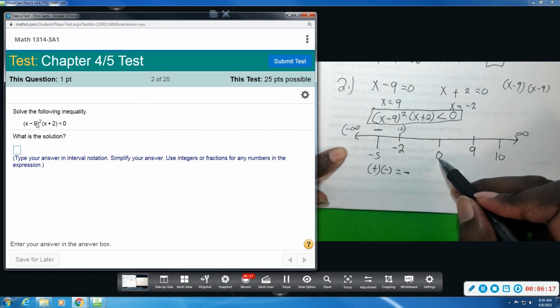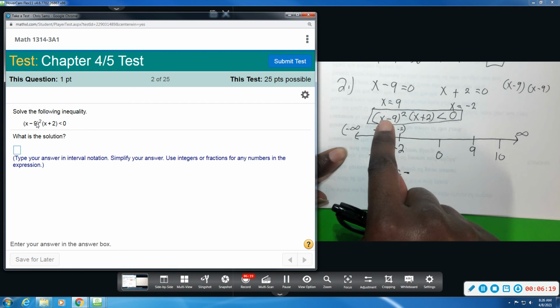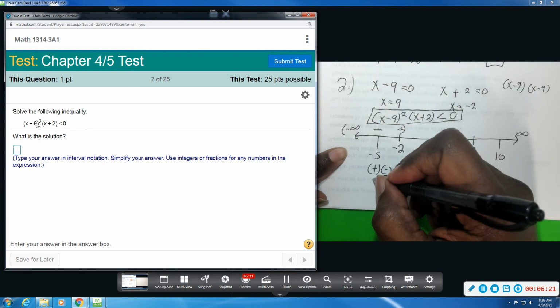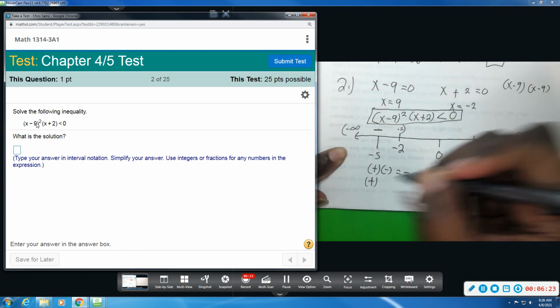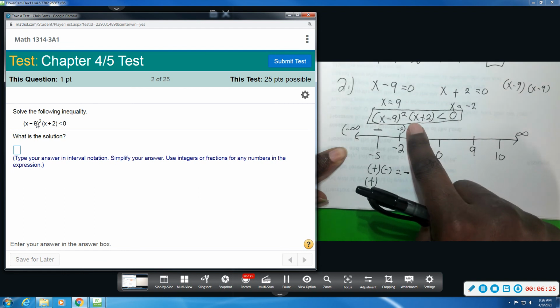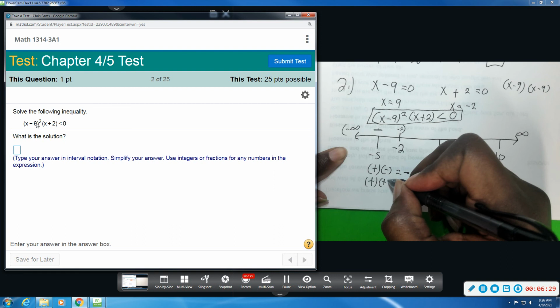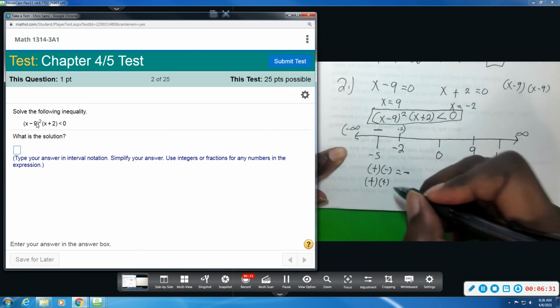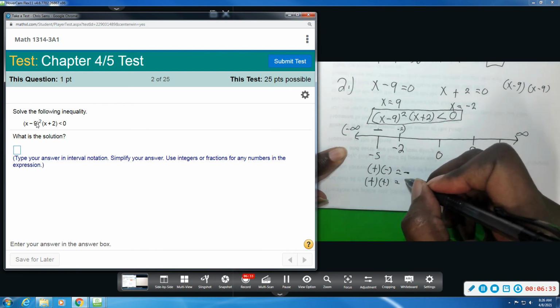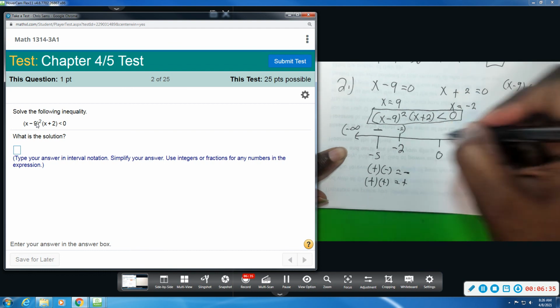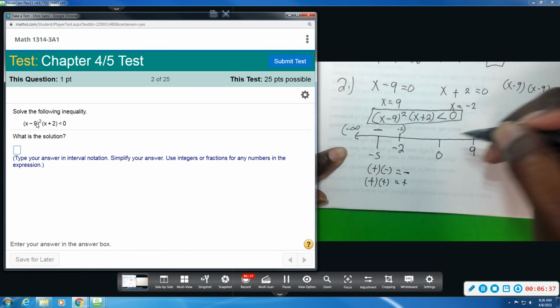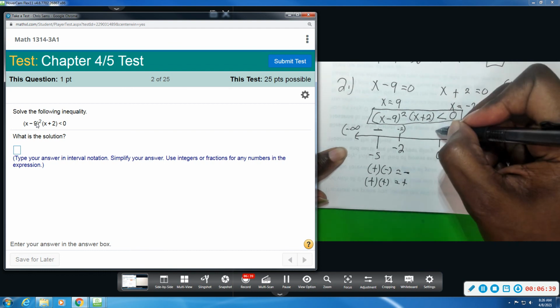When we plug in 0, again, no matter what you plug in here, when you square it, it's going to be positive. So that first term is going to come out positive. When I plug a 0 here, 0 plus 2, that is also positive 2. The number doesn't matter, just the sign. Positive times positive is a positive. So this middle section between negative 2 and 9 is positive.